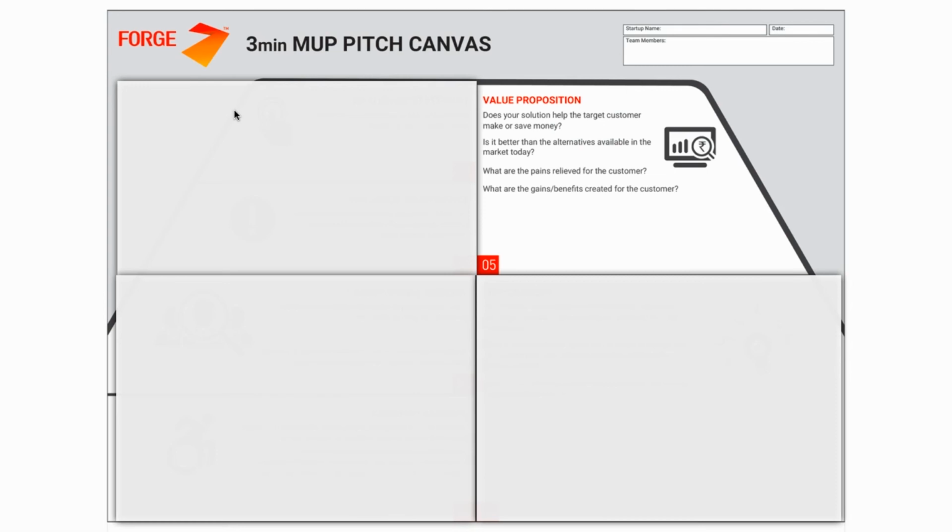Earlier in the session, we very clearly saw the purpose of the prototype is to help the customer experience value. If we do not know what value we are going to create for our customer, what are we going to build? Value proposition should help the target customer make or save money directly or indirectly.